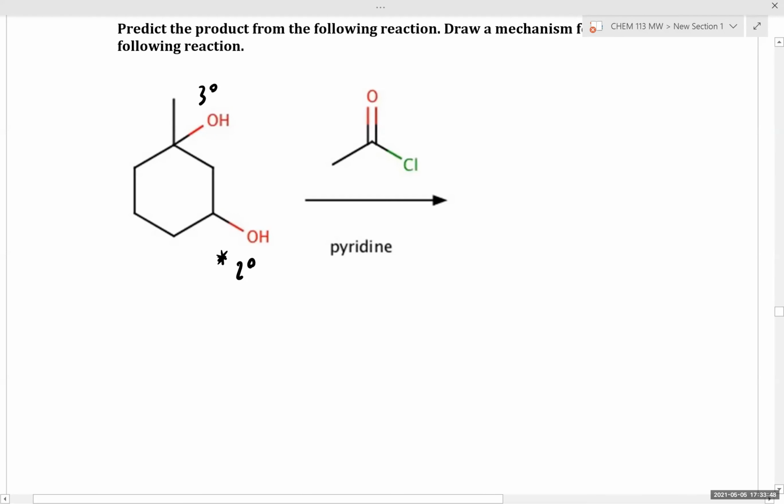So this is a good refresher example just to get us back in the rhythm of drawing mechanisms for these carbonyl substitution reactions. So we have a student that shared one of their mechanisms in the chat, and another student is beginning to annotate their mechanism. So I will check both of them.